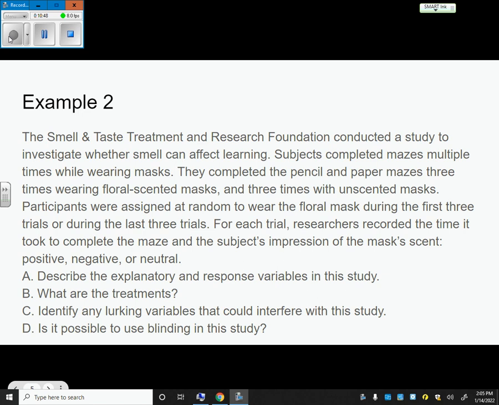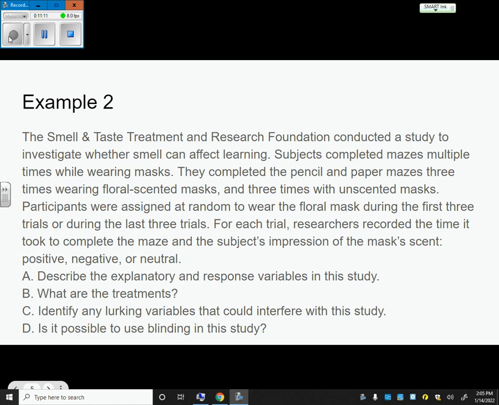Good. Treatment on that, Cheyenne. What do you got for treatments? Right. I put the different... Yeah, but what groups do I have within that, different masks? Smell and taste. Got floral scented masks and unscented masks.